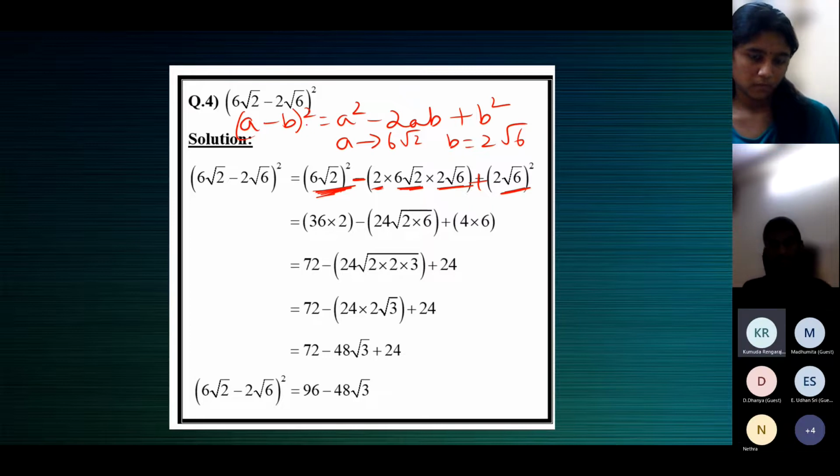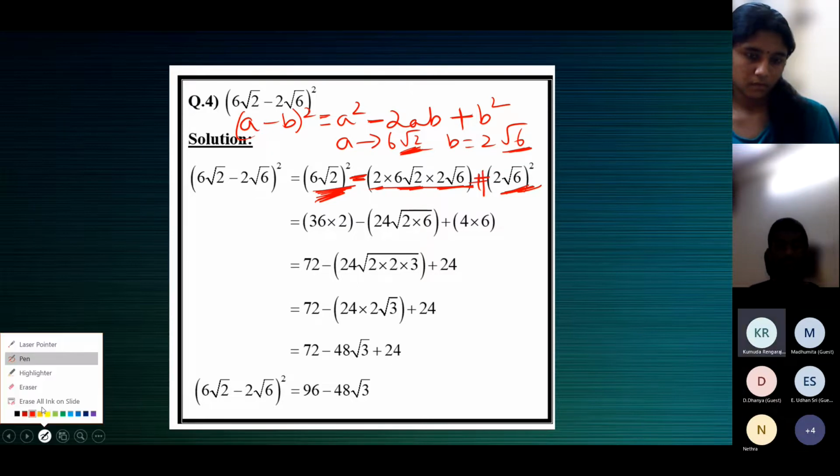A minus b the whole square should be handled like this: a square minus 2ab plus b square. A square is 6 root 2 the whole square. B square is 2 root 6 the whole square. 2ab is 2 into a into b. Signs: minus 2ab, plus b square.